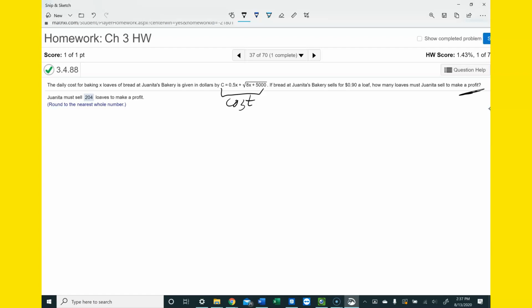All right, profit. What is profit? Profit is revenue, that means how much money we bring in, minus the cost. So what is my revenue? Well, I sell bread for 90 cents a loaf. By the way, x is how many loaves.